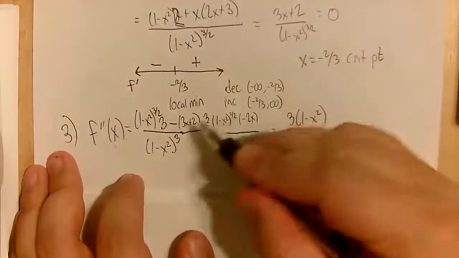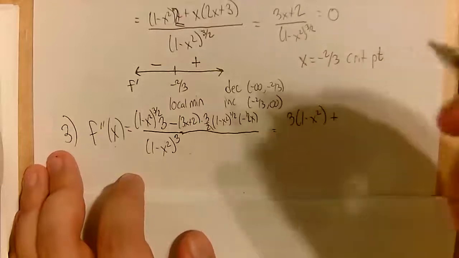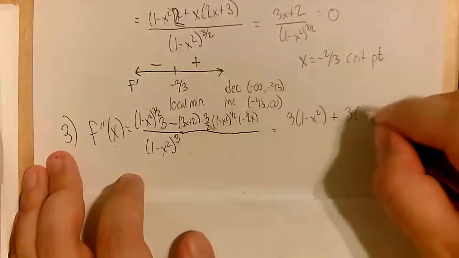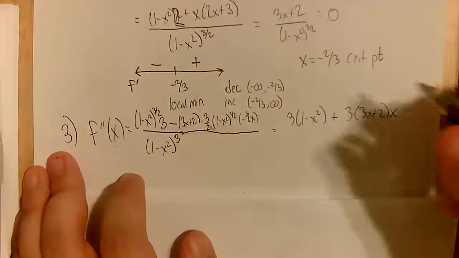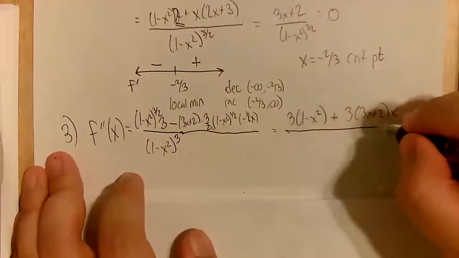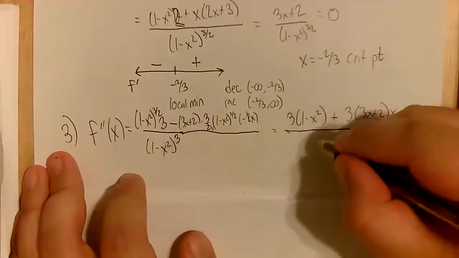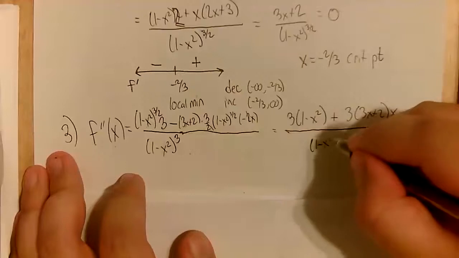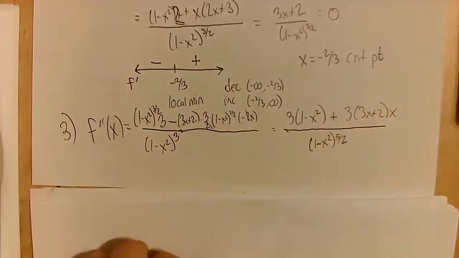I'm going to cancel these negatives. I'm going to cancel these 2's. And then here, I'm going to have 3 times 3x plus 2 times x. And then finally, in my denominator, if I take away 1/2 power from 3, I'm going to have 5/2 power. All right, there we go.